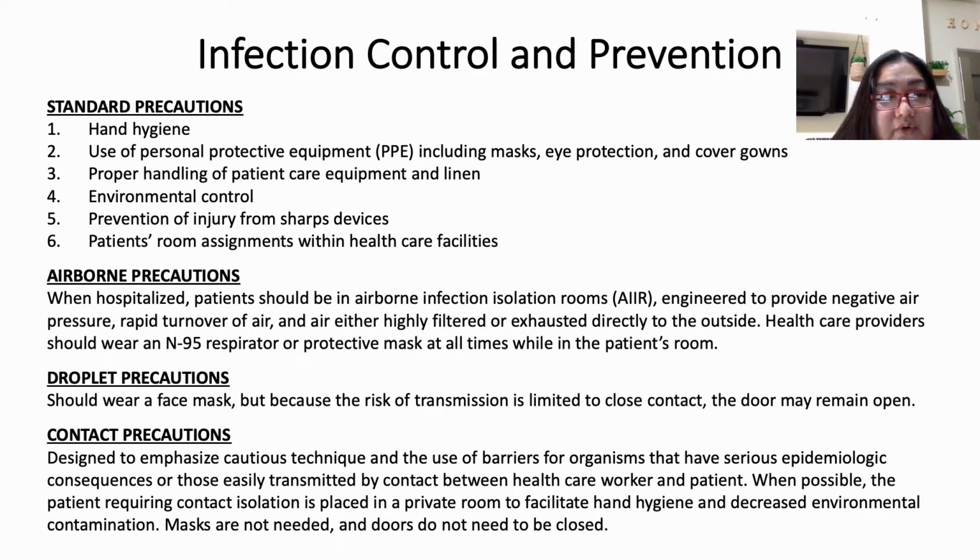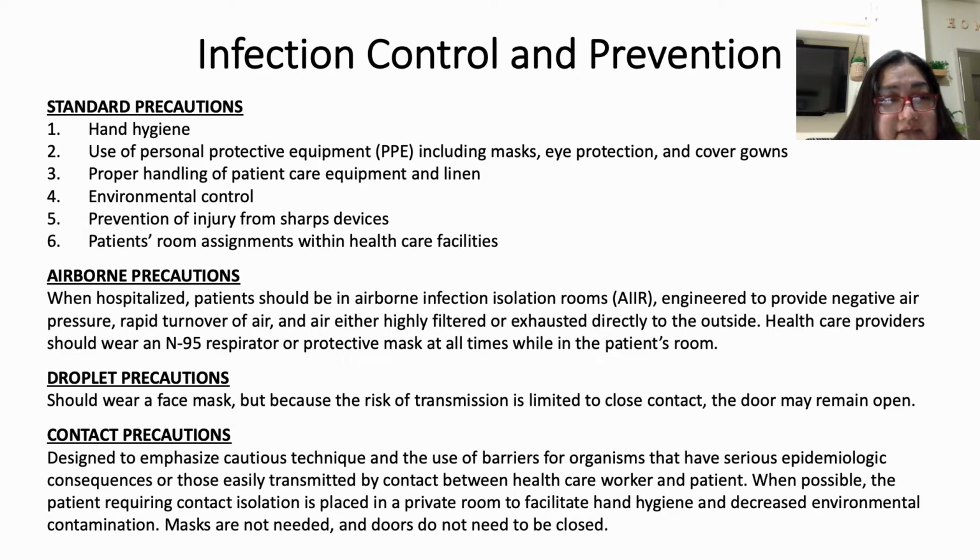And lastly, yung contact precautions, designed to emphasize cautious technique and the use of barriers for organisms that have serious epidemiologic consequences or those easily transmitted by contact between healthcare workers and patient.